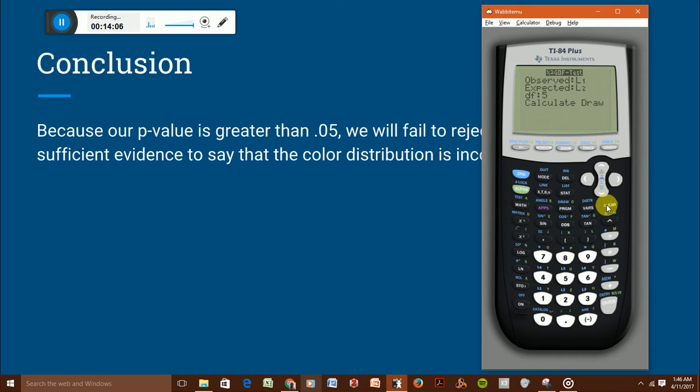And all we need to put into the chi-squared goodness of fit test is where our observed values are and where our expected values are, as well as the number of degrees of freedom, and then the calculator does all the dirty work for us.